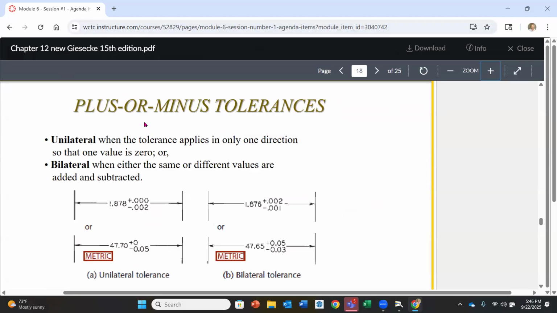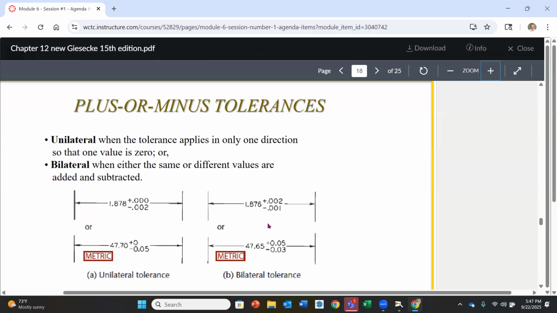So the next types are where we have plus or minus tolerances. And there's either unilateral or bilateral. Unilateral means that the tolerance applies just in one direction. So you'll notice over here, 1.878 plus 0 minus 2. That means we're only giving it minus 2 on that dimension. So all of the tolerance is in one direction, unidirectional tolerance.